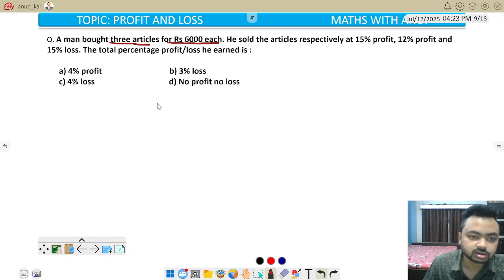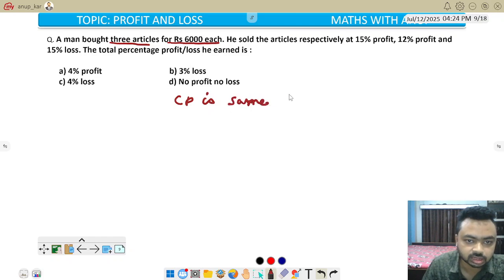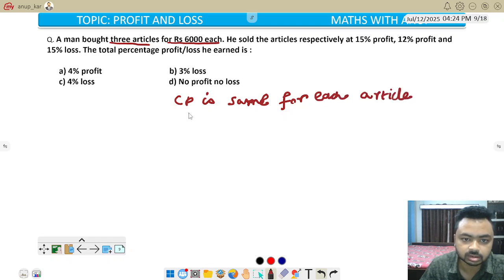So let's understand. Here there is a technique. Here the cost price is the same for each article. So we will use the average concept.